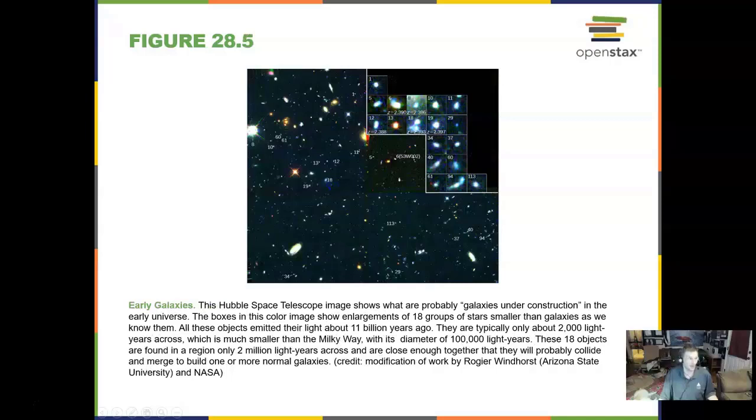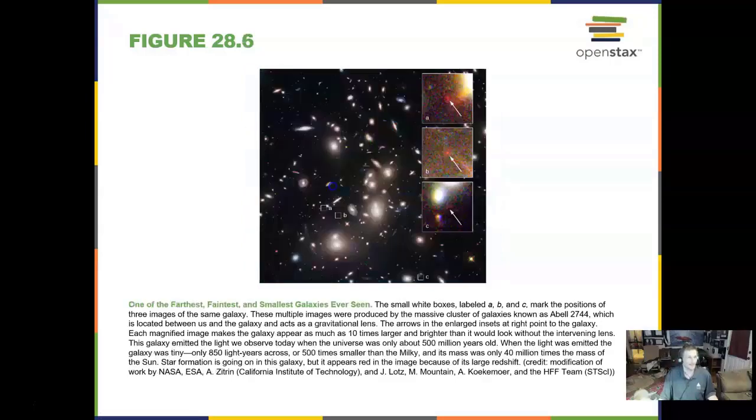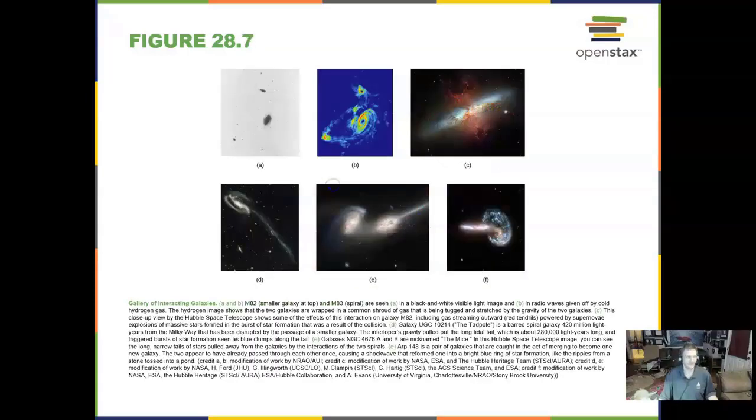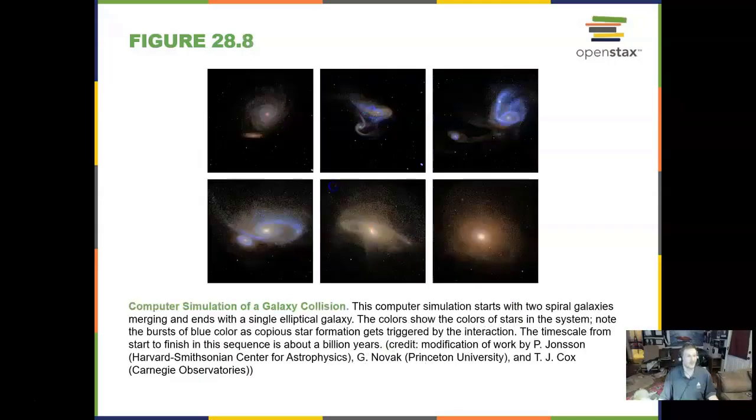We have seen early galaxies with Hubble. We have seen the faintest, farthest, smallest galaxies ever. We see galaxies interacting and colliding with each other. We can model this collision process in computers pretty accurately too.